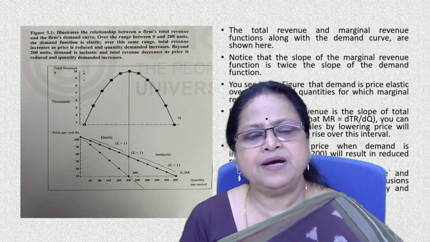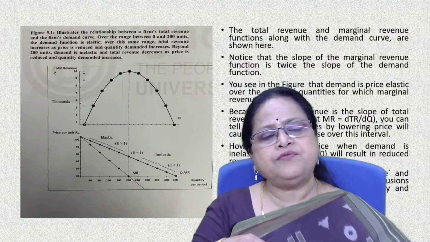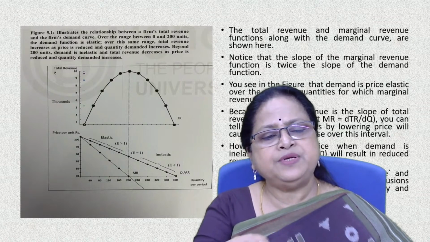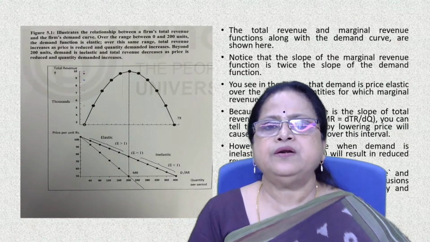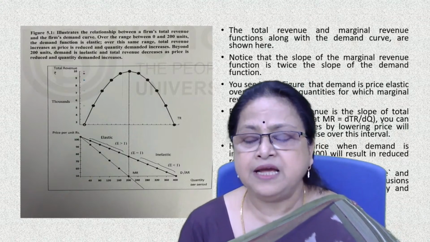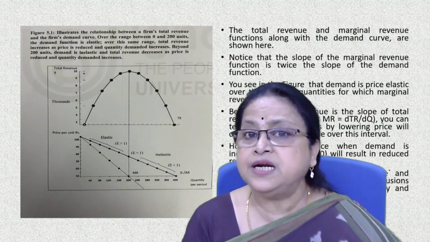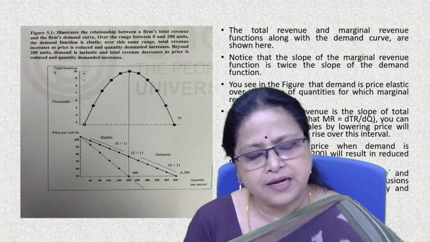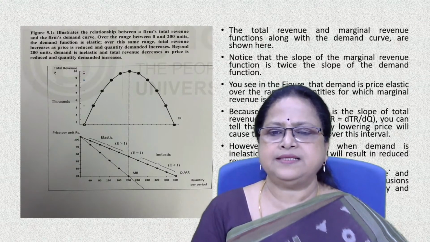That is MR. MR is the locus of points in between, at the midpoint of the distance from the y-axis to any point on AR, parallel to the horizontal axis, that is the x-axis.